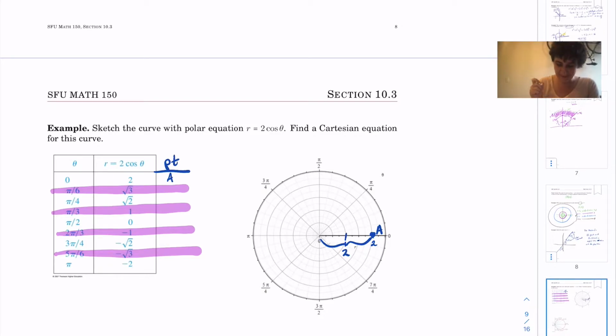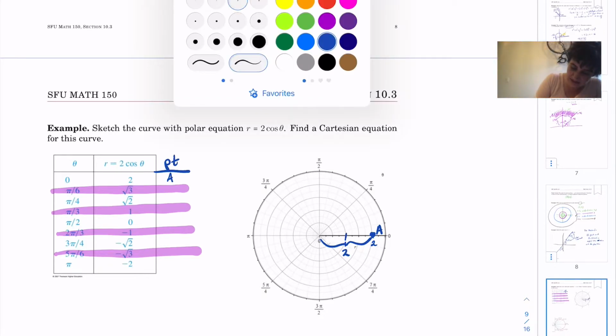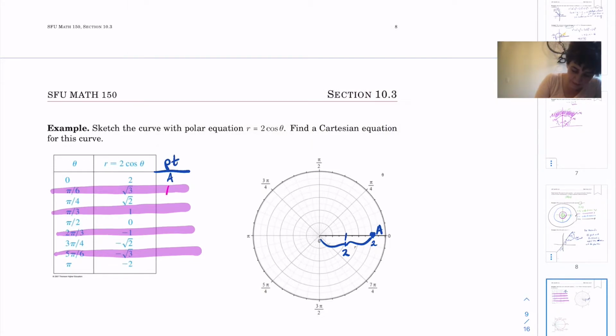Great. Let's change colors here. Now I'm going to look at pi over 6. It's before pi over 4, and I'm going to make this ray go all the way out like this.